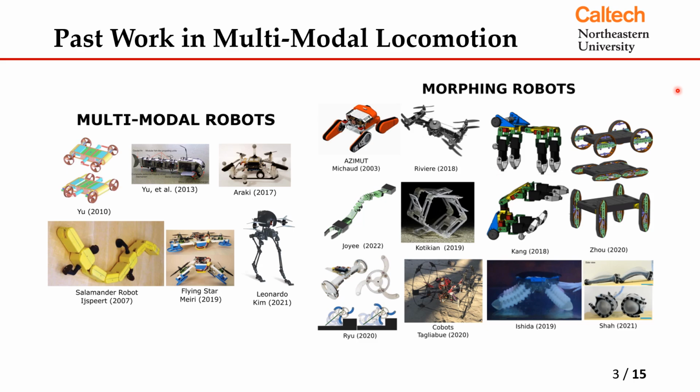There are some other robots, such as this rolling robot, where it can open and close the wheels to vault over certain obstacles. So we're trying to combine these kinds of capabilities into one package, and that's the current work we're working on. We have a transforming robot capable of both legged and aerial locomotion.